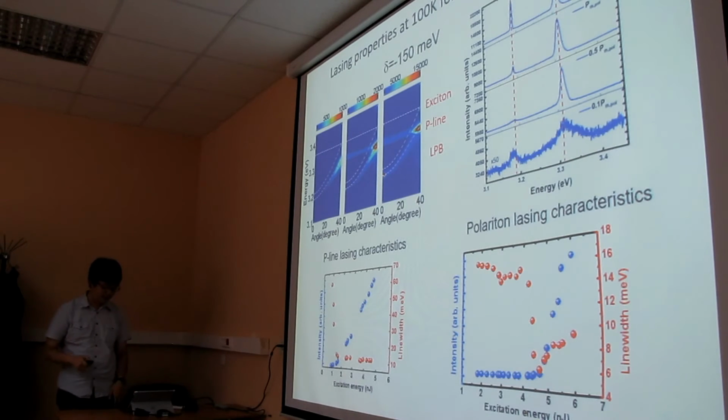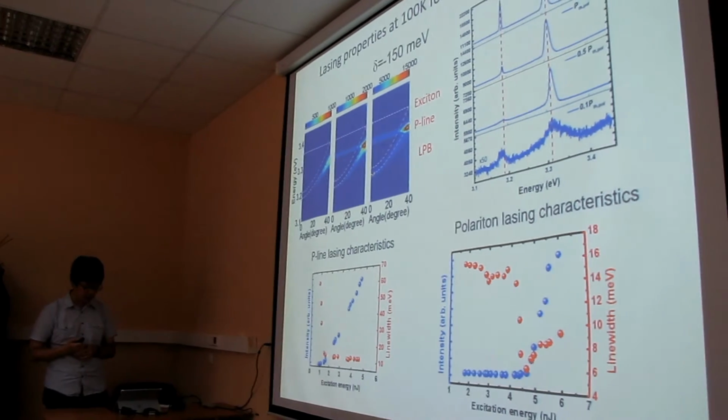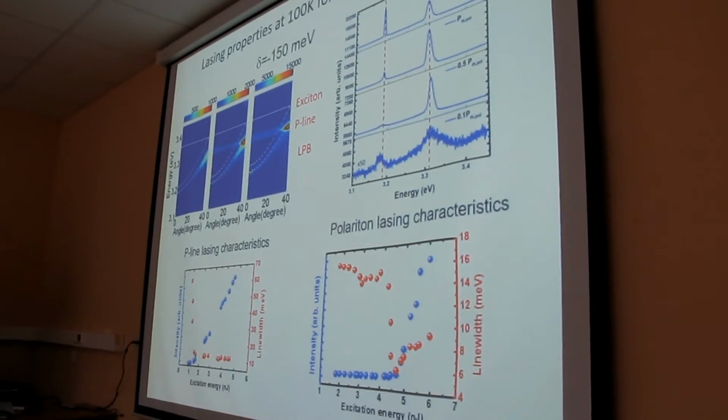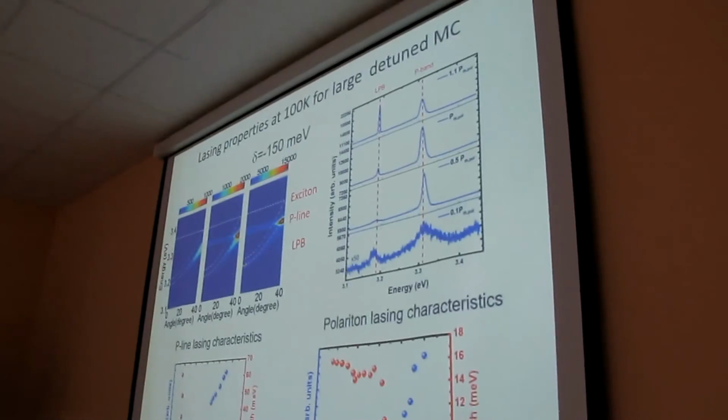So as the cavity detuning becomes larger, the polariton relaxation efficiency keeps decreasing due to the shorter lifetime and less possibility to scatter with other excitations. So the cavity emission will be gradually dominated by the P-band, while the lower polariton branch emission keeps decreasing since the polariton scattering will be decreased.